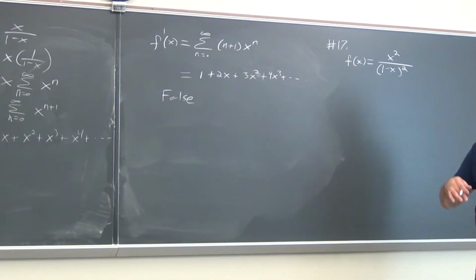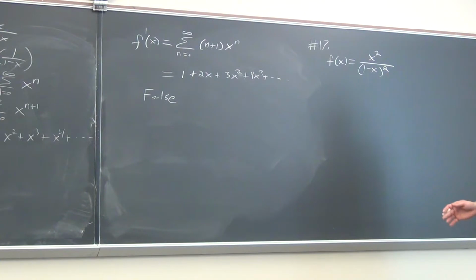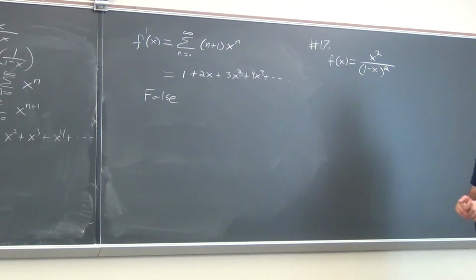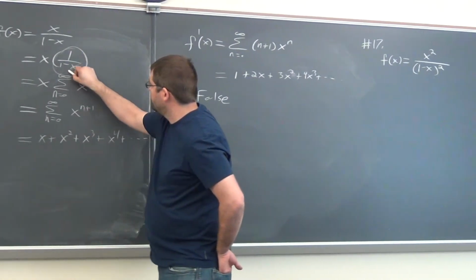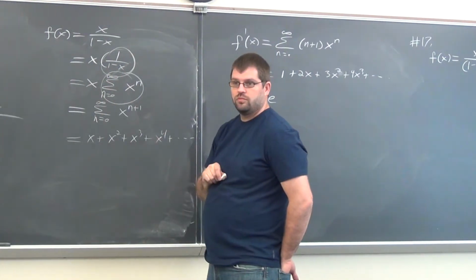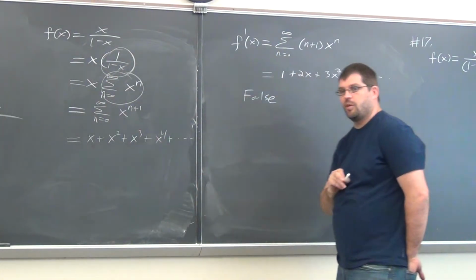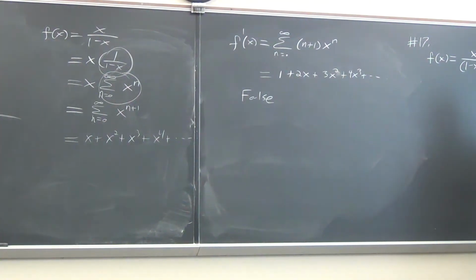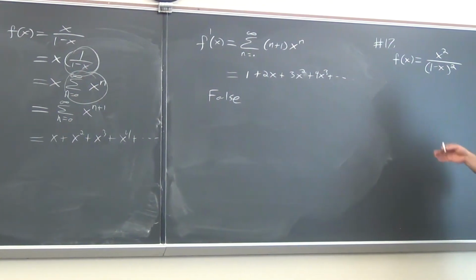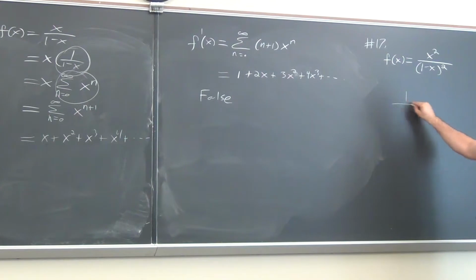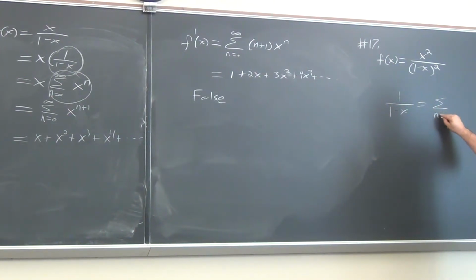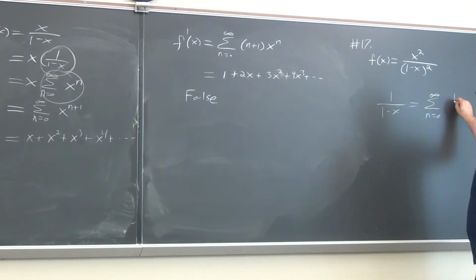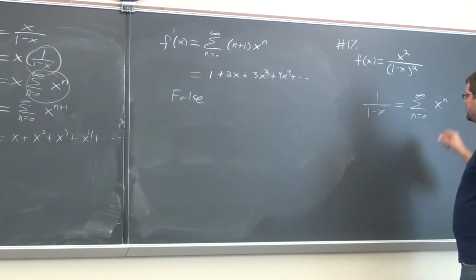But in general, you can integrate or you can differentiate our basic series for 1 over 1 minus x, the geometric series. So we're going to manipulate that. Before we actually do any work, we know this series, as we just said on the last one.